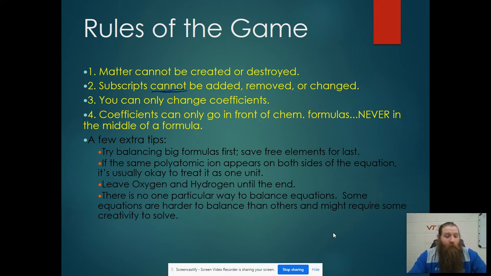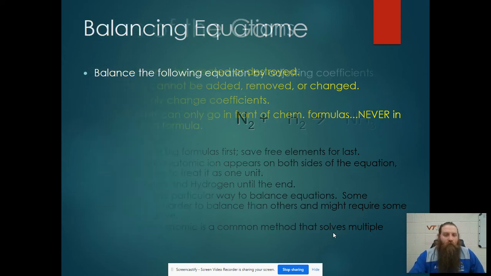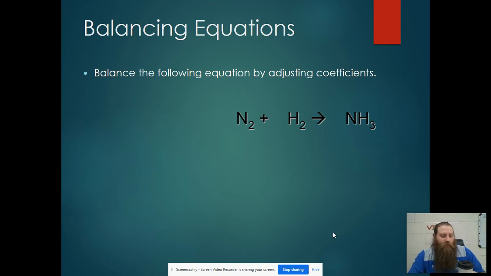It's okay to be creative, all right? And we'll look at some creative ways to solve equations as we move forward. When you group polyatomics, that's probably the fastest way to balance some of the bigger equations. So I'm going to encourage you to practice that anytime we can. But let's look at some simple equations because this is the simple introductory lecture.